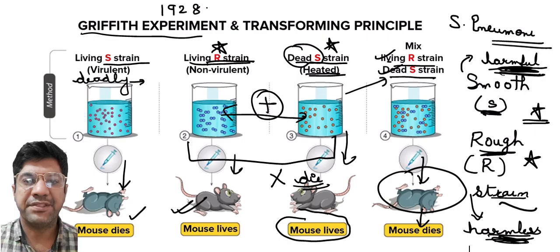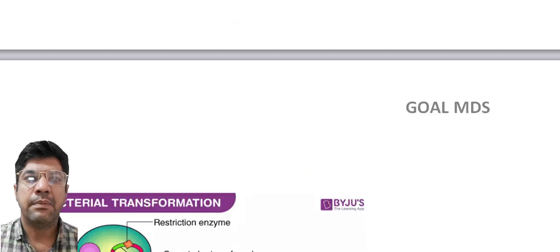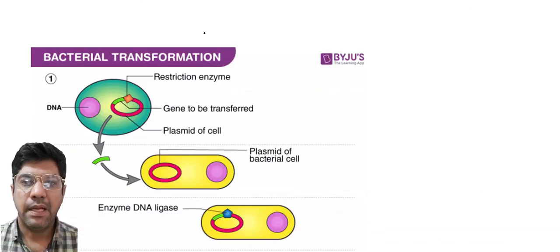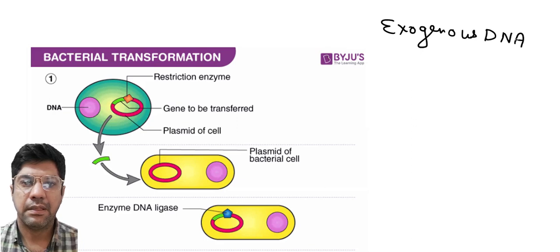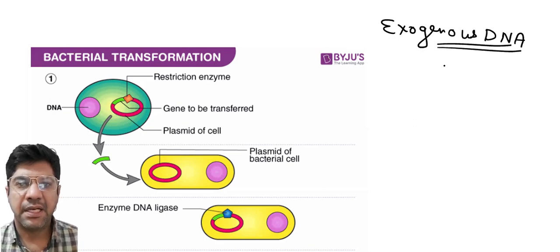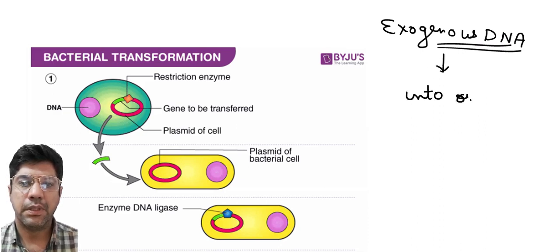It is a process by which bacteria can take up and incorporate exogenous DNA, that is external DNA from the surrounding environment, into their own genome.